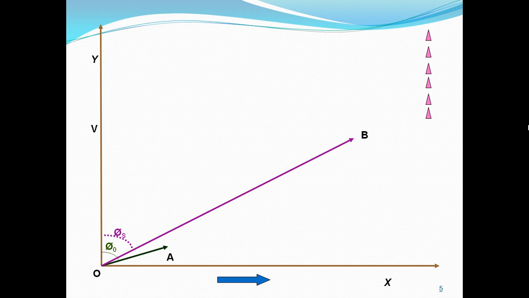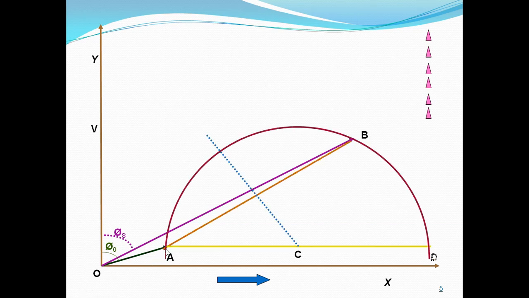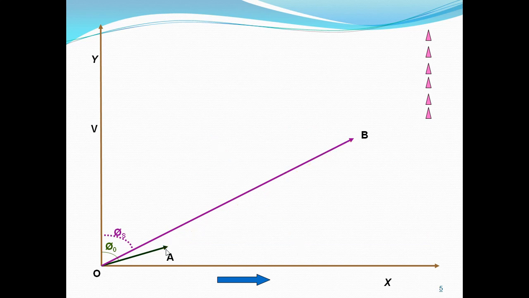With the same current scale that we took for drawing OA, where OA is equal to no load current I naught, the vector OB represents Isn at an angle of phi s with the vertical axis.